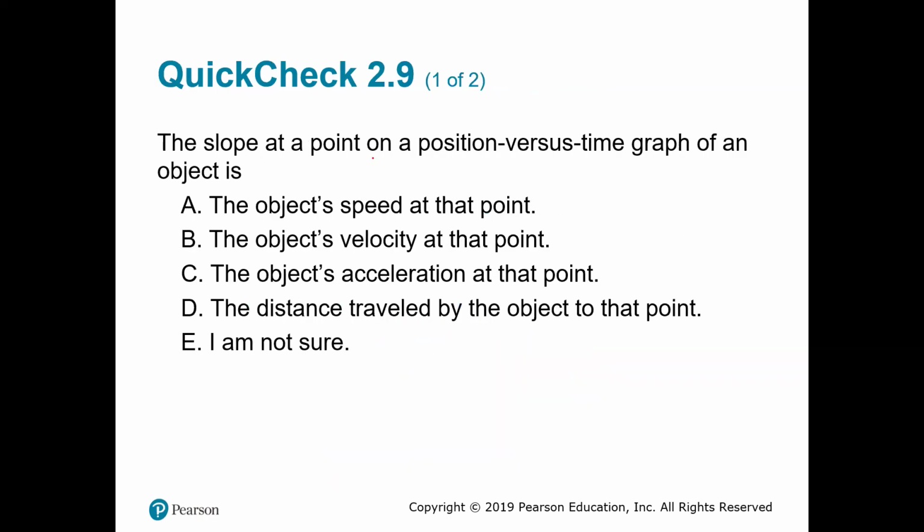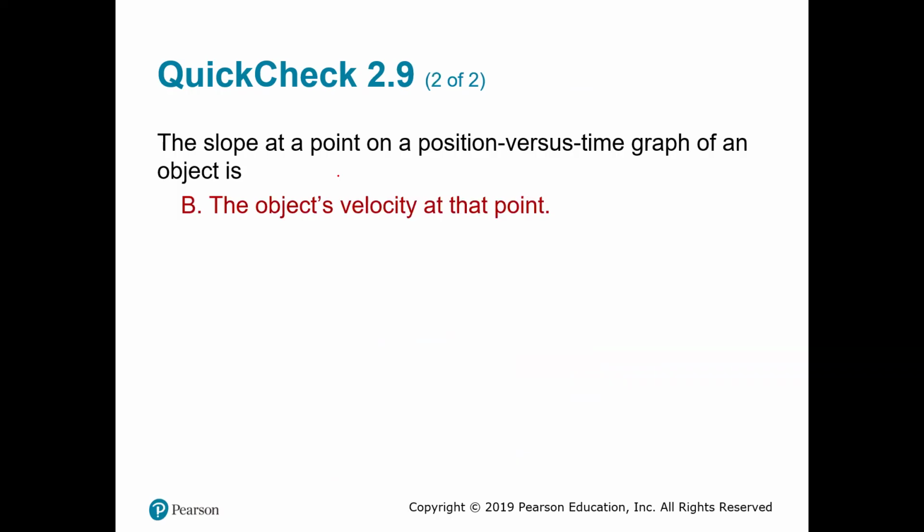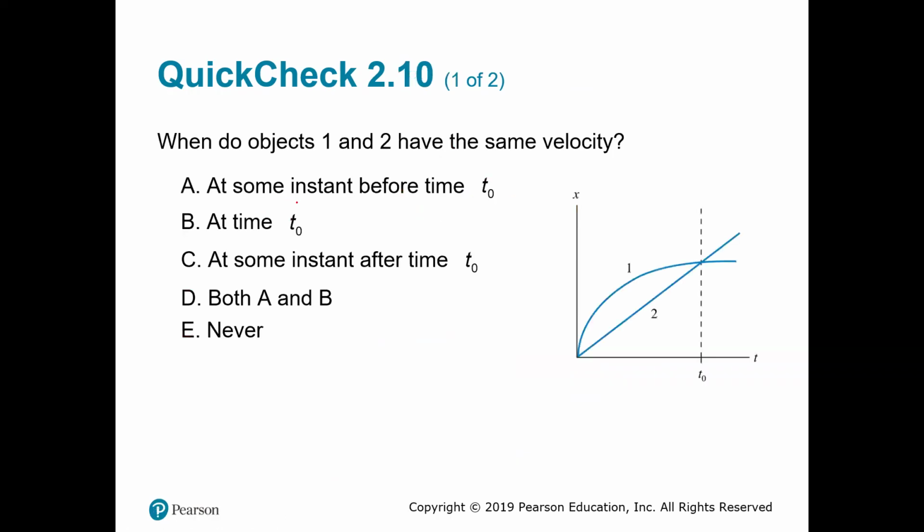The slope at a point of a position versus time graph of an object is what? Yes, exactly what I just talked about. It's the velocity. Now, when do objects 1 and 2 have the same velocity in the xt graph? That means, when do they have the same slope?